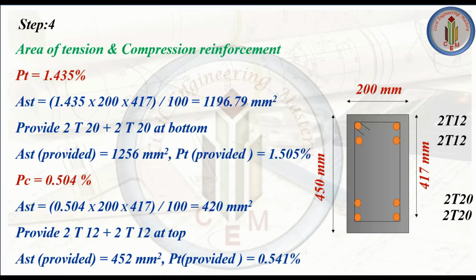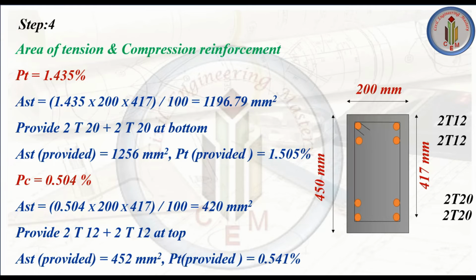Here let me explain how we arrange the bars according to the area. We have the area of 1196.79 mm square. For this we should know the area of one bar. Like if you use an 8 mm dia bar, you should know the area of an 8 mm dia bar. Similarly, for all the bars you have to know the area of one bar.